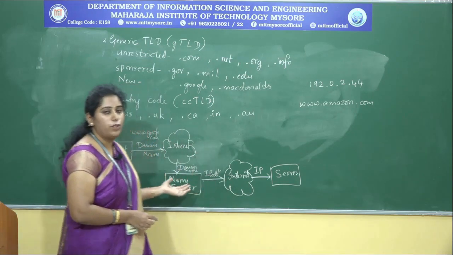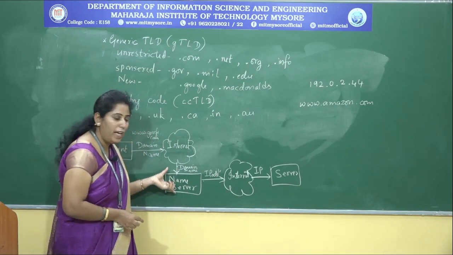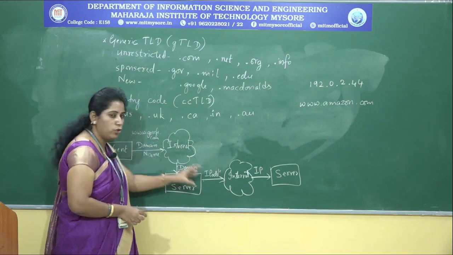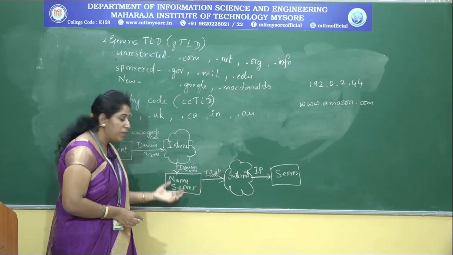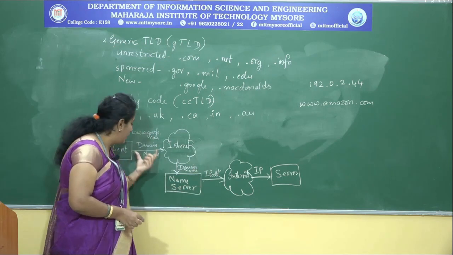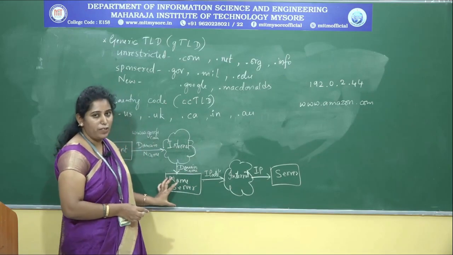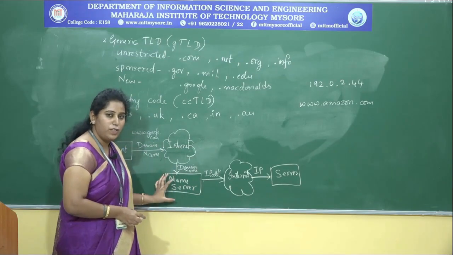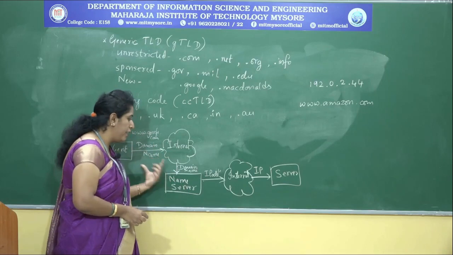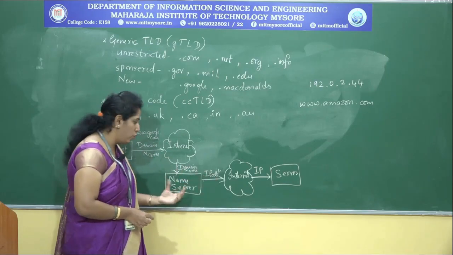There will be a set of name servers. If this name server can convert the domain name into an IP address, it will work. In case it cannot, the same request is passed to a nearby name server and one of the name servers is going to convert the domain name into an IP address. This is how the process is carried out.